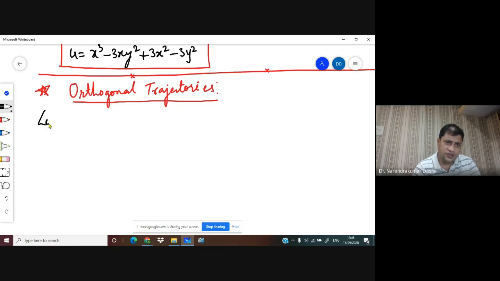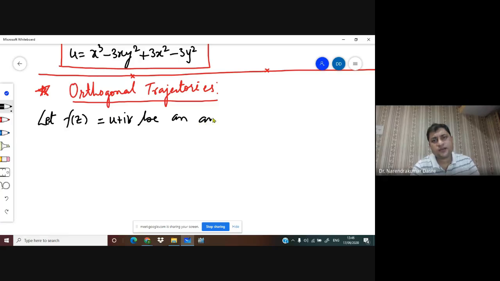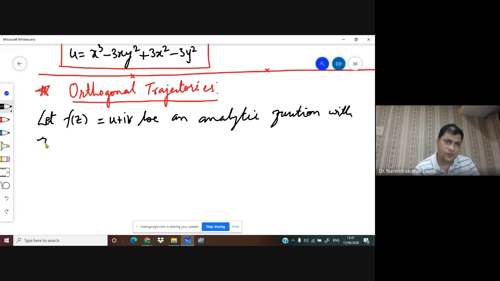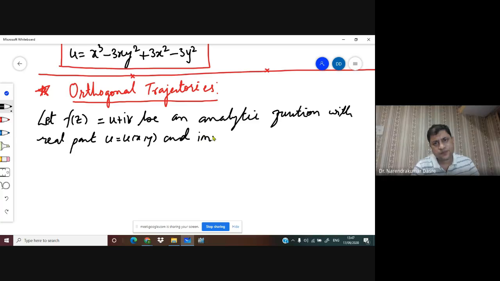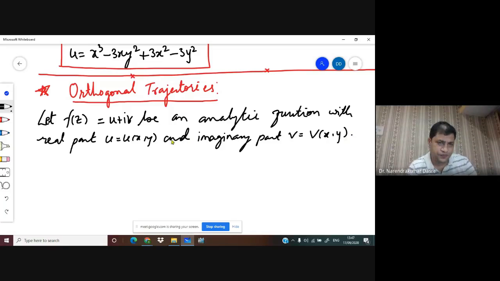So we consider that f of z is equal to u plus iv, an analytic function, with real part u of x, y and imaginary part v of x, y.